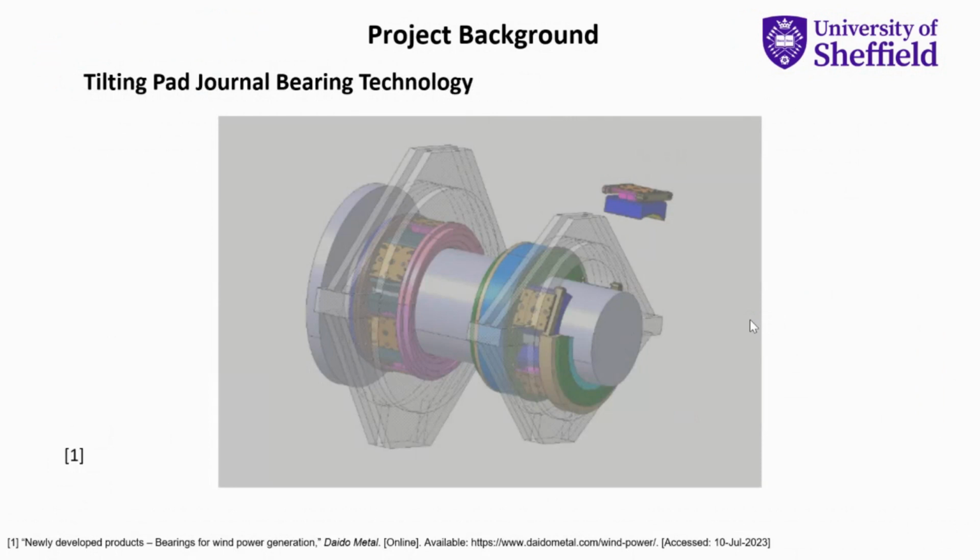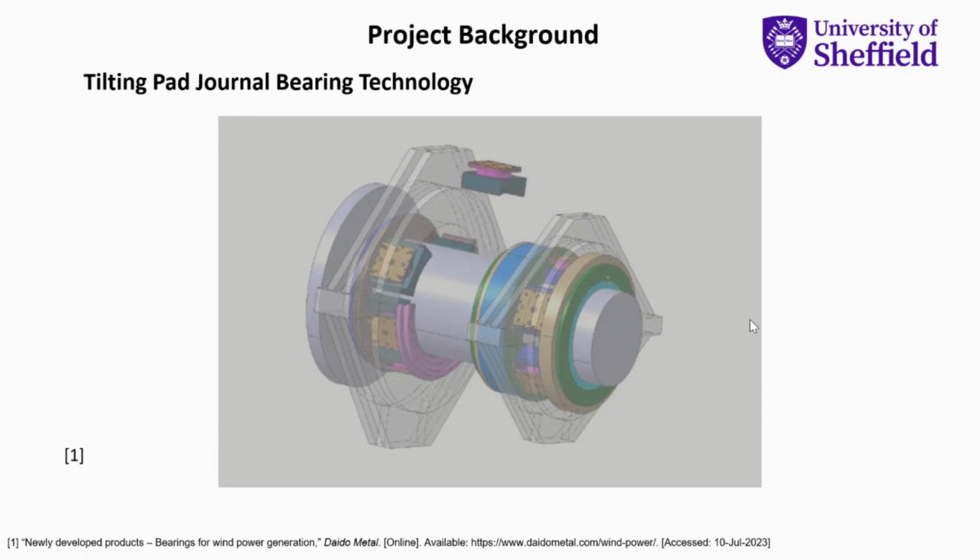So the change in technology that I'm researching is the use of tilting pad journal bearings. And if you don't know what a tilting pad journal bearing is, here it is on the drivetrain. It's a classic journal bearing. So that is a shaft sitting in a bush, and the actual bearing is segmented into pads, which then are pivoted.